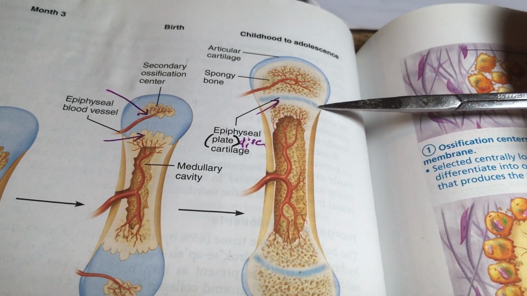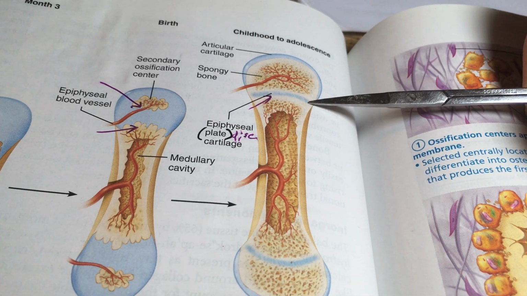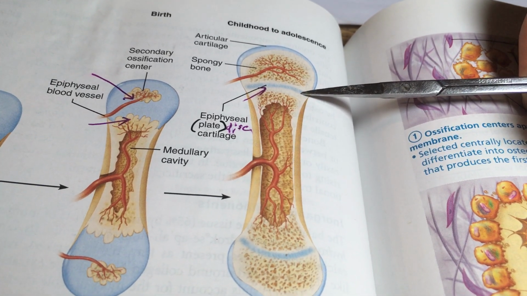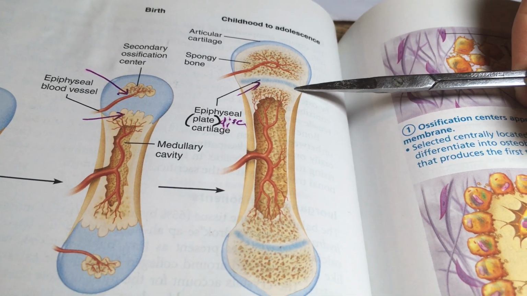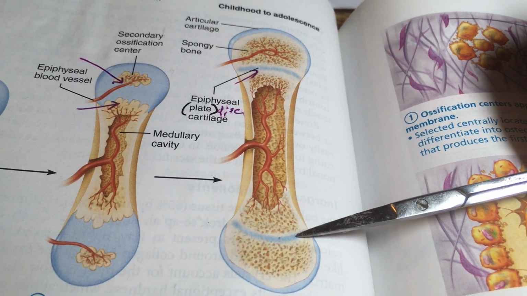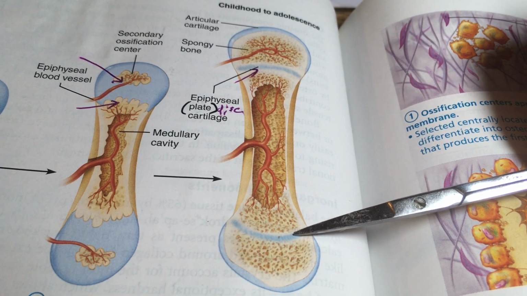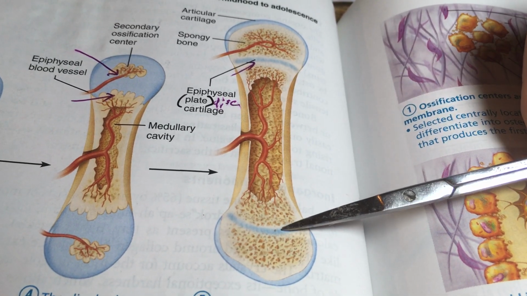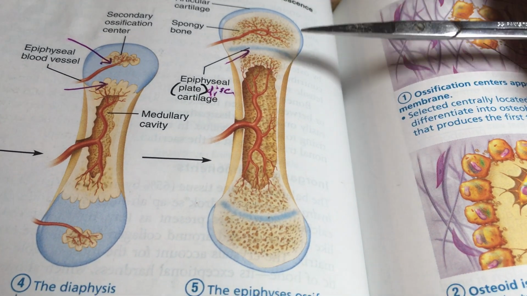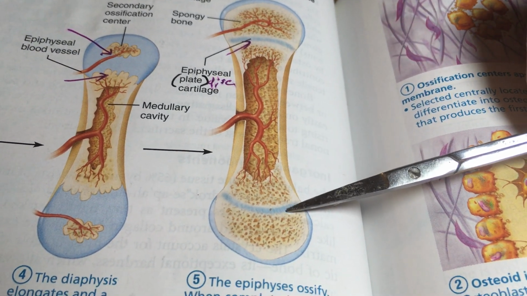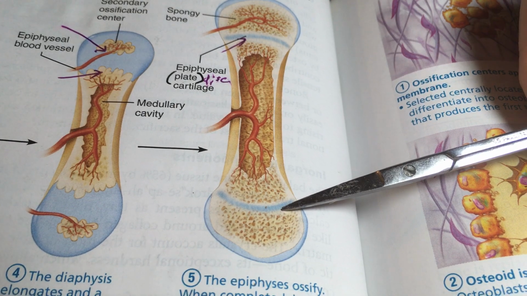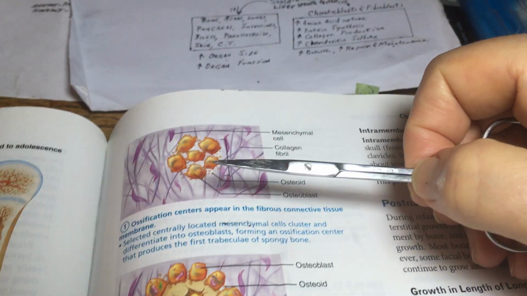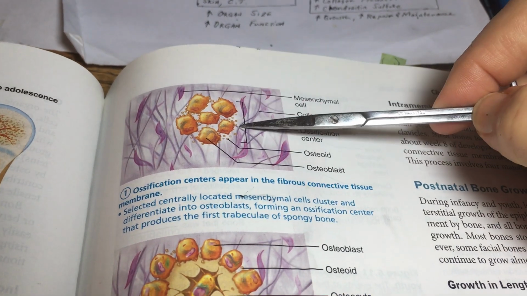We refer to it as a plate when it fully ossifies as bone matrix, but as long as it's cartilage, we refer to it as a cartilaginous disc. So it's important to have that nomenclature fixed in your brain. Eventually the bone will lengthen, and the disc will basically become ossified.